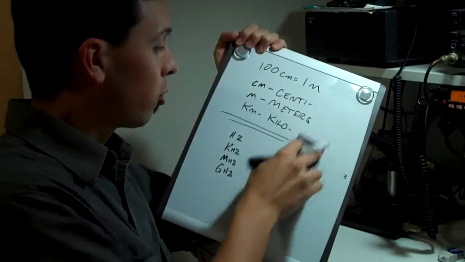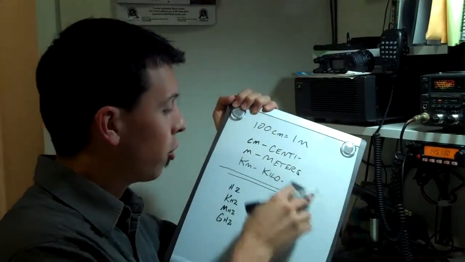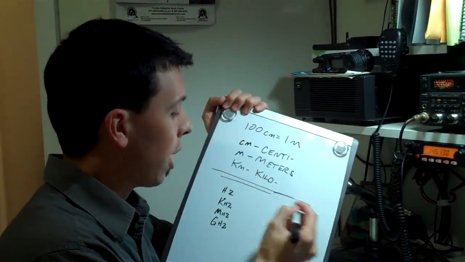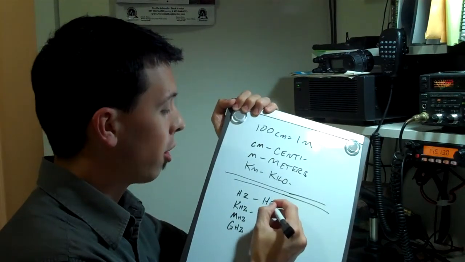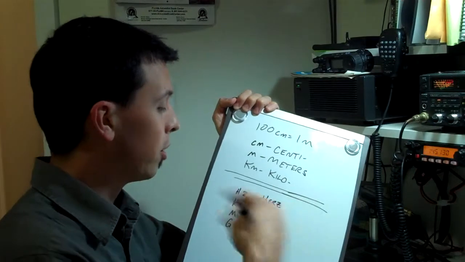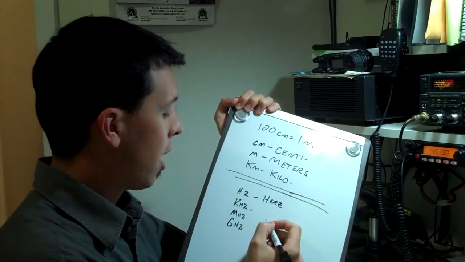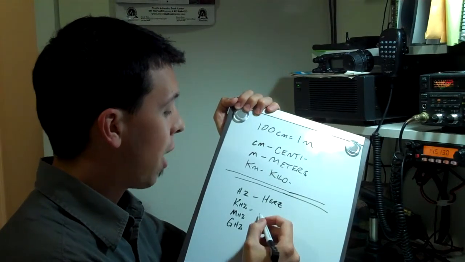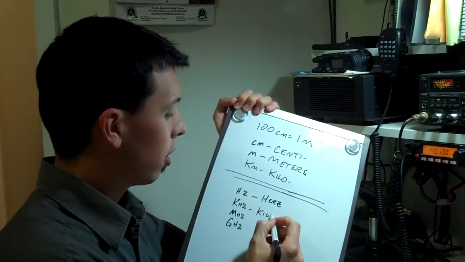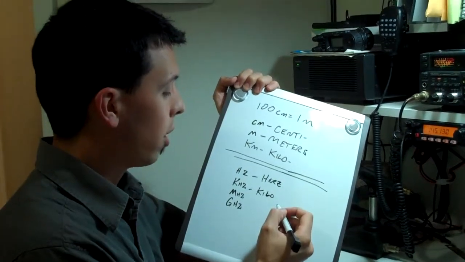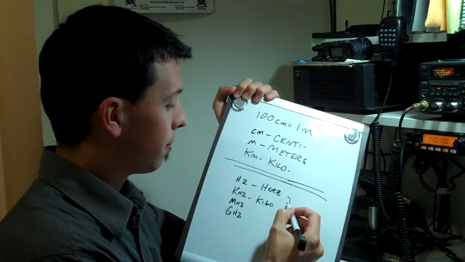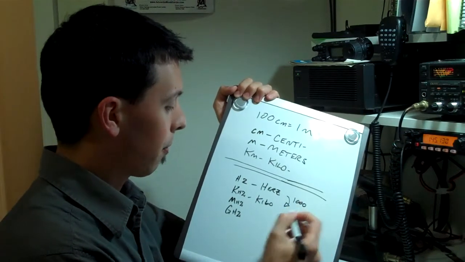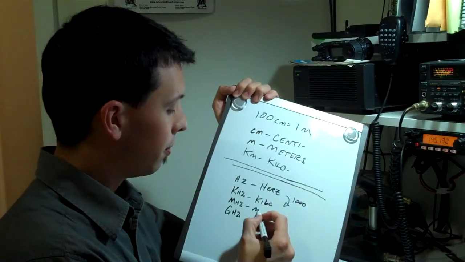Now, let's just look a little bit at how the hertzes relate to each other. With the hertzes, we have a few more options here. So we have hertz, which is the smallest unit. Remember, that's how many cycles per second. Then we have kilohertz. And there are 1,000 hertz in a kilohertz. And then we have megahertz.